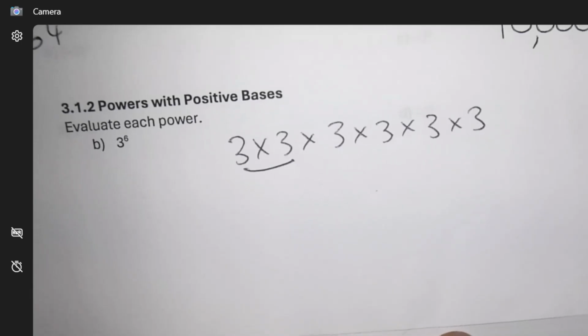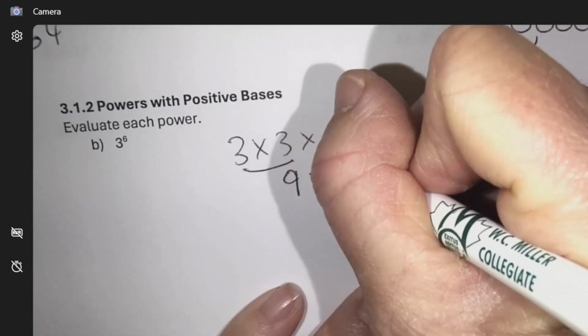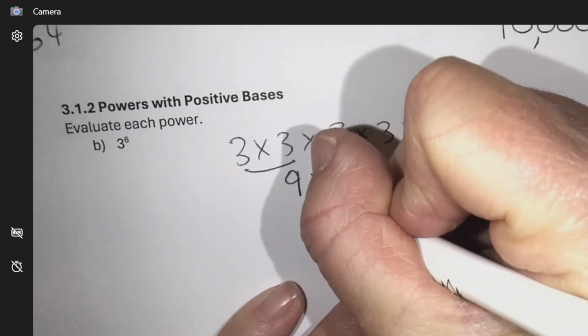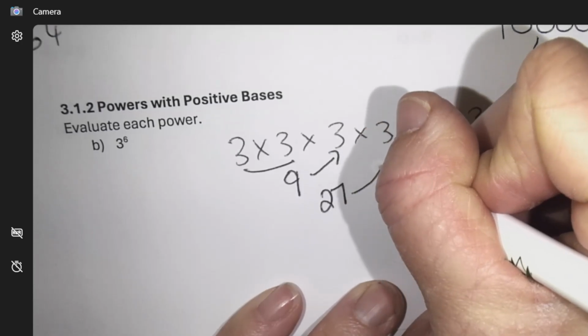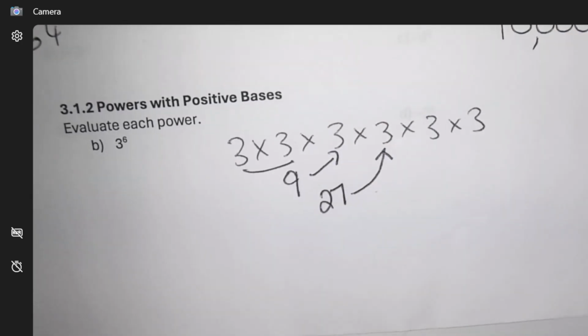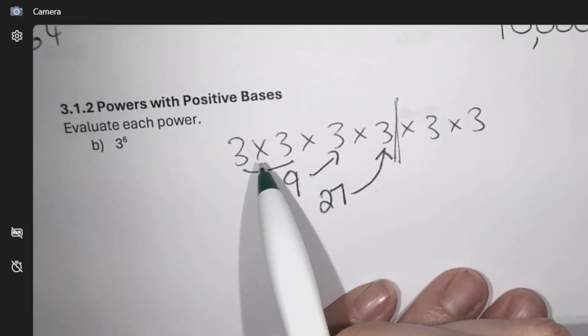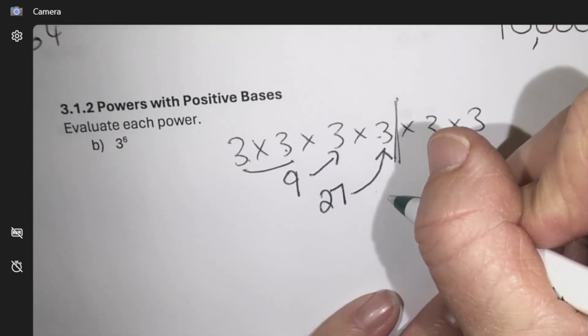Start us up. 3 times 3, what are we at? 9. 9 times 3, 27. 81, because also, did you know that once I'm here, I can really break this down into a 9 times a 9 as well, right? So 81.